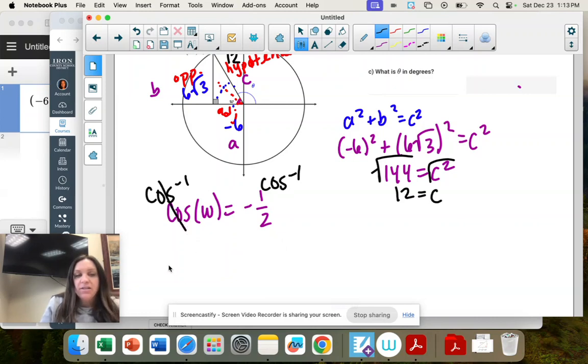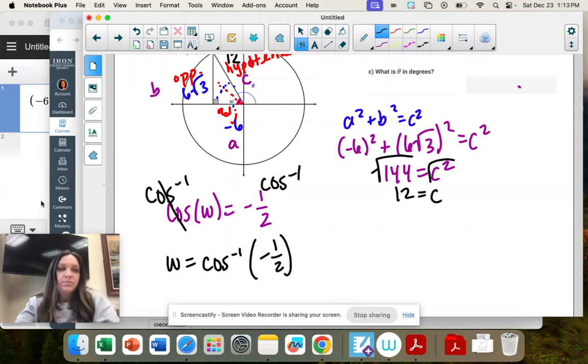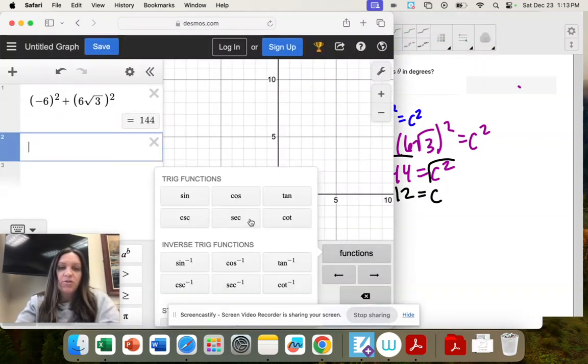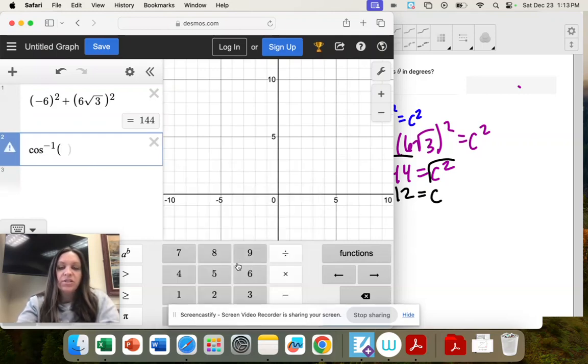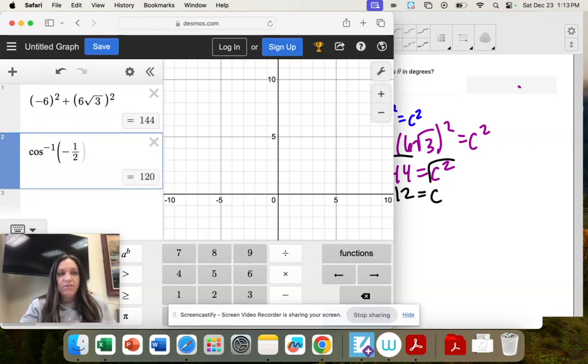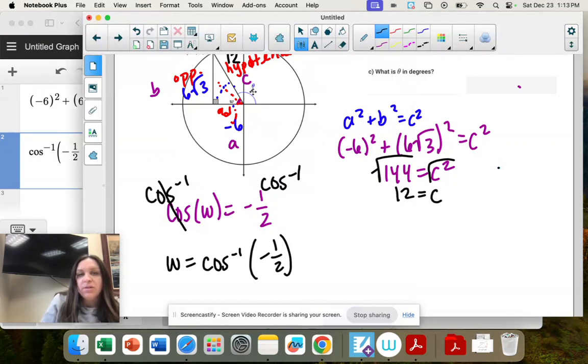So those cancel out, and we're left with W equals inverse cosine of -1/2. So I'm over here to functions, inverse cosine of -1/2, which is 120. So that's actually theta. And then our cosine value is the 60.